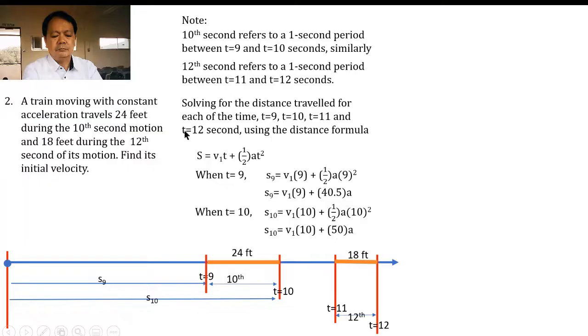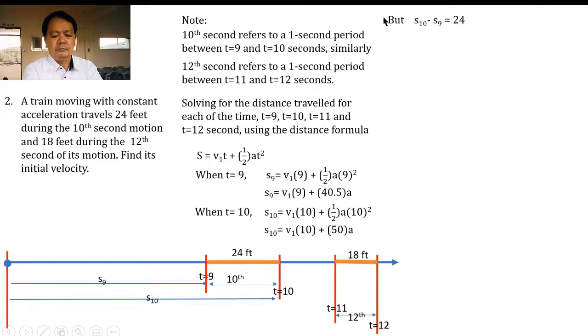Now, ano sabi dito? Ang sabi dito, the distance traveled during that 10th second is 24. At kung titignan natin, yun yung S sub 10 minus S sub 9, is equal to 24, di ba?